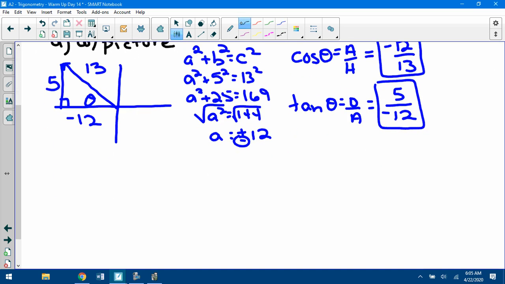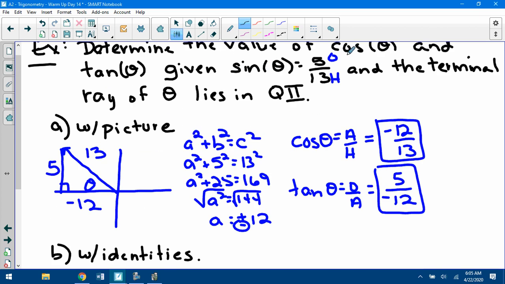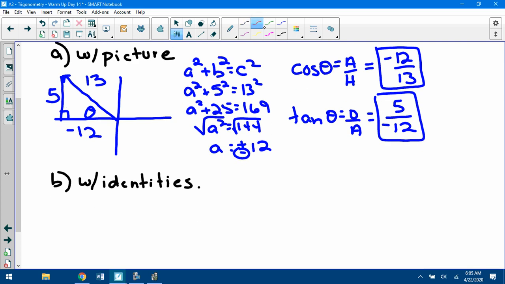What if I asked to do that same thing with identities? Okay, well, I have sine and I want to find cosine. So you'd have to think what identity relates sine with cosine. And that is our sine squared theta plus cosine squared theta equals 1.